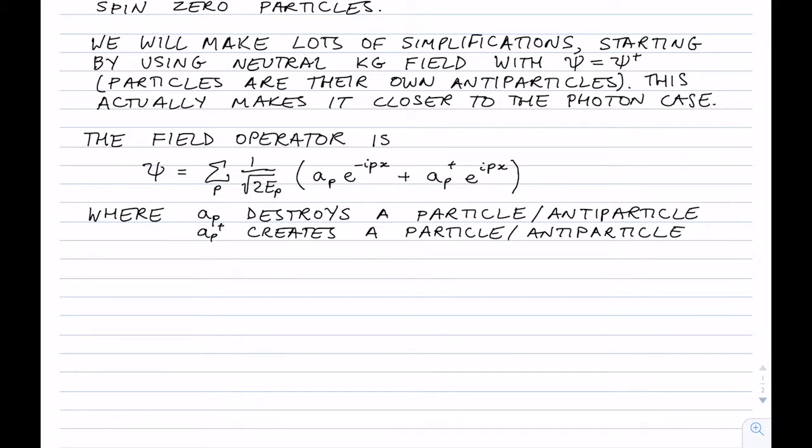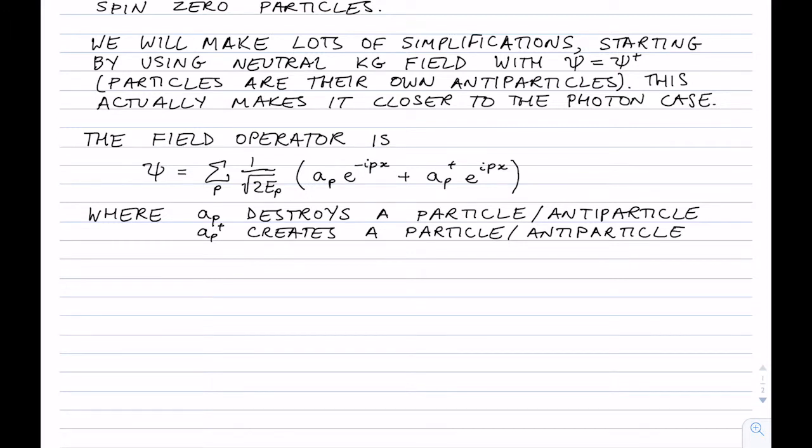Last time we couldn't write the creation operator and the destruction operator in the same phi because we had to conserve charge, or quantum numbers generally. Now that each particle is its own antiparticle, there are no quantum numbers to distinguish between the two. So we can actually write a_p and a_p dagger in the same field.